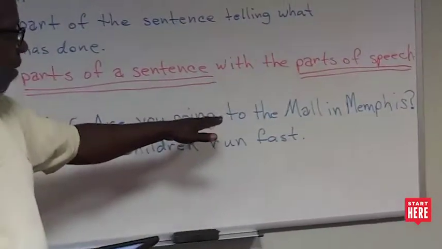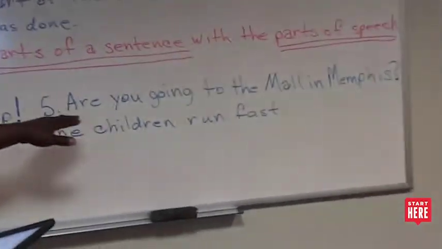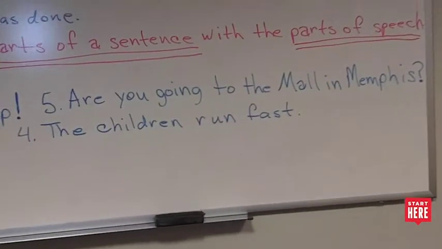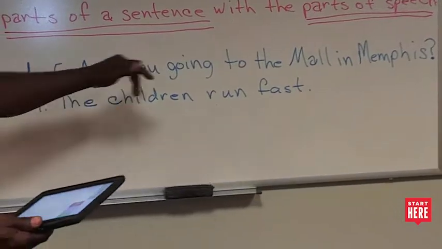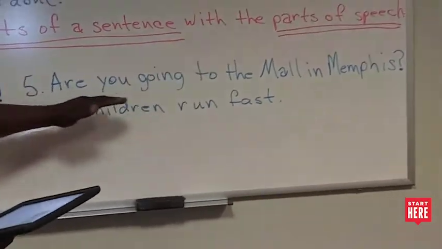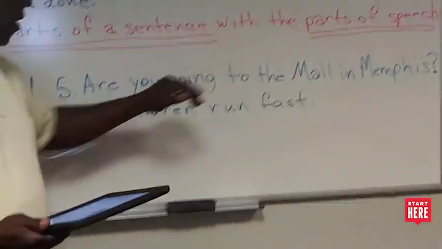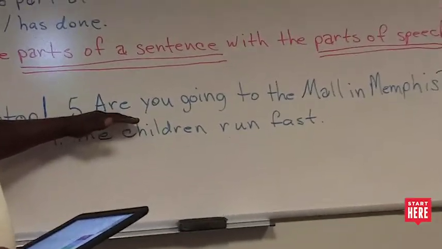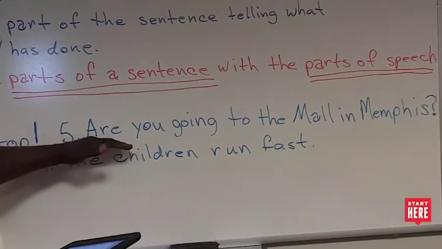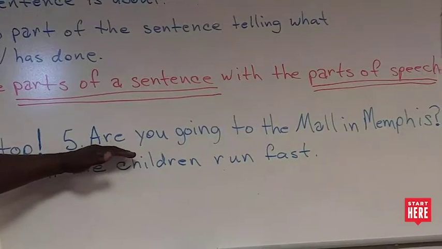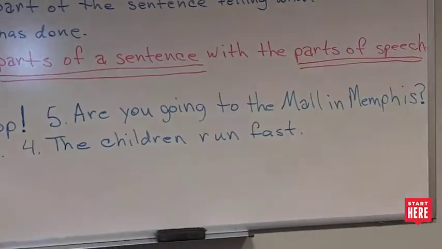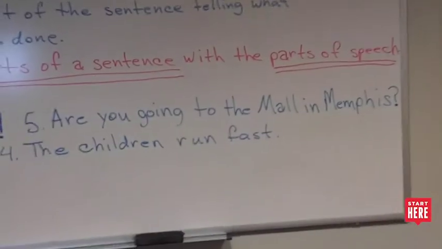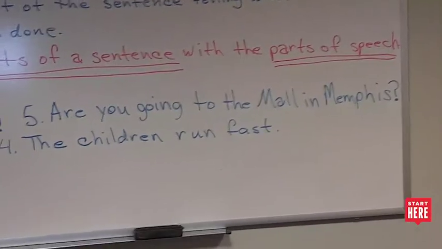You is the subject. Going to the mall in Memphis, and are is the verb, and it's present tense. Going to the mall in Memphis, that would be your predicate portion of the sentence.